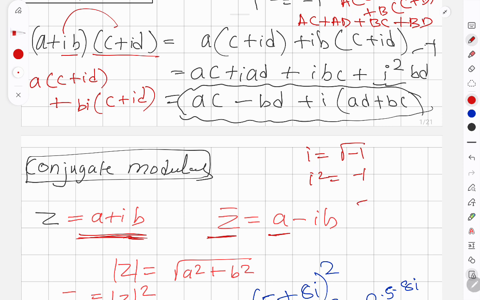Okay. So if you have 5 plus 8i, the conjugate of this one will be 5 minus 8i. If you have -5 -8i, the conjugate of this one will be -5 plus 8i. You just need to change the sign of the imaginary part, not the real part, you will not touch it.